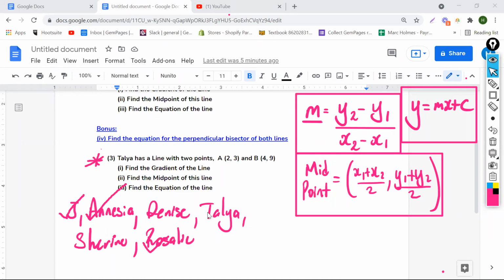Let's check if Talia is gone. Usually Talia leaves around this time. She usually stays for an hour. 1, 2, 3, 4, 5. Okay, all right, so let me remove Talia. So Denise and Shireen, you are the two I'm waiting on.